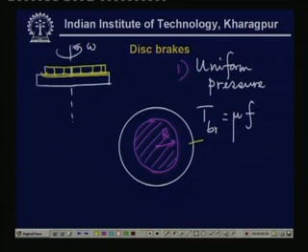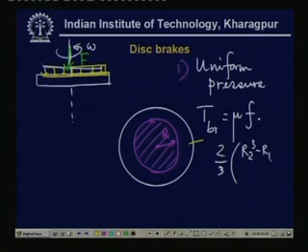If we apply a total force over here, so this is distributed, it is equivalent to a concentrated force F. So, this is mu times F times 2/3 of (R2 cube minus R1 cube) divided by (R2 square minus R1 square).